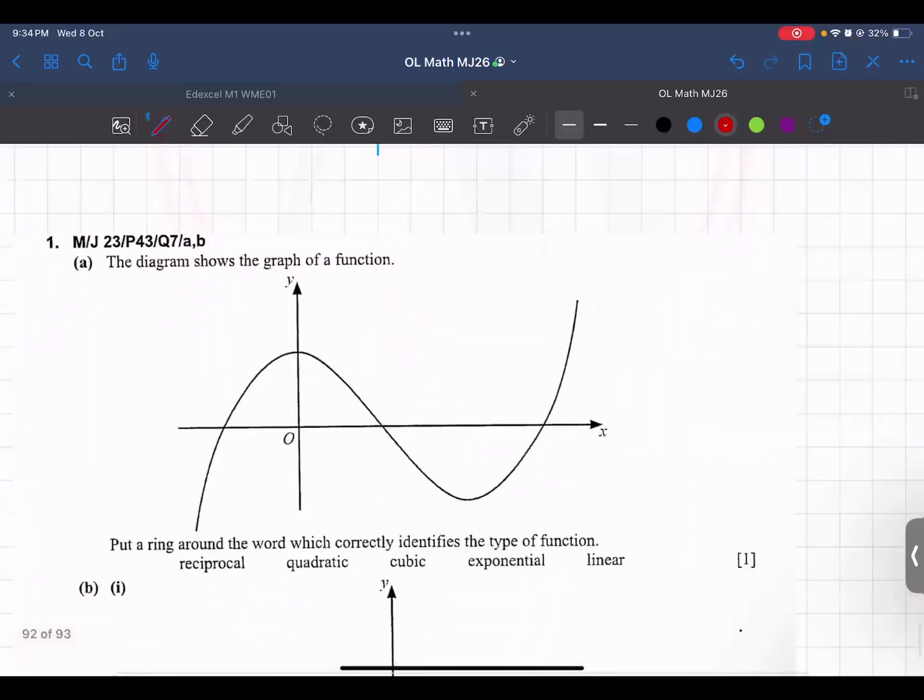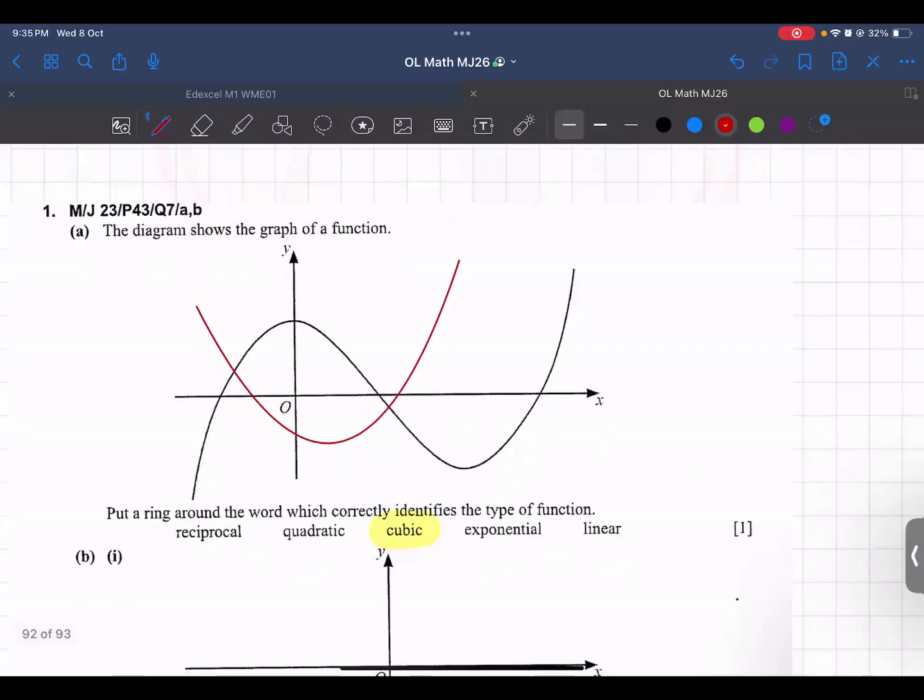What type of a graph is this? It's a simple one. Which one is it? Quadratic, reciprocal, cubic. Cubic. Yes. Cubic, correct. It's a cubic graph. Quadratic is a parabola like this or like this. This is a cubic graph.